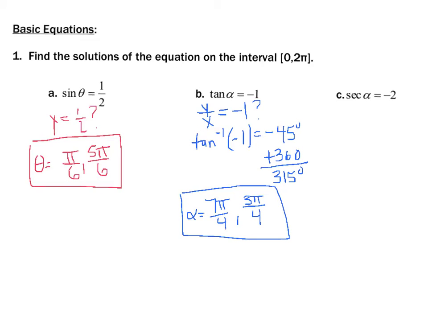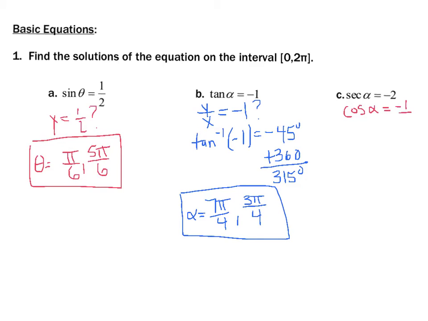Alright, last one. Notice right here I have secant equals -2. We want to try to rewrite everything in terms of sine, cosine, and tangent, so that way we can just look at the unit circle. Secant goes with cosine, so I'm going to rewrite this in terms of cosine. If secant's -2, the cosine, you're just going to take the reciprocal of -2.